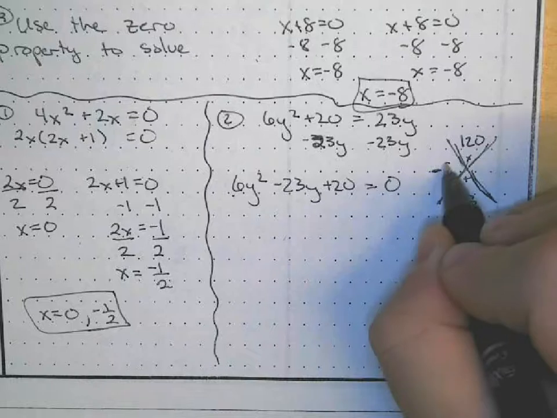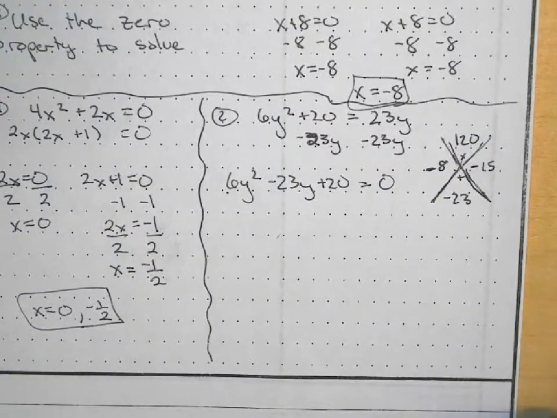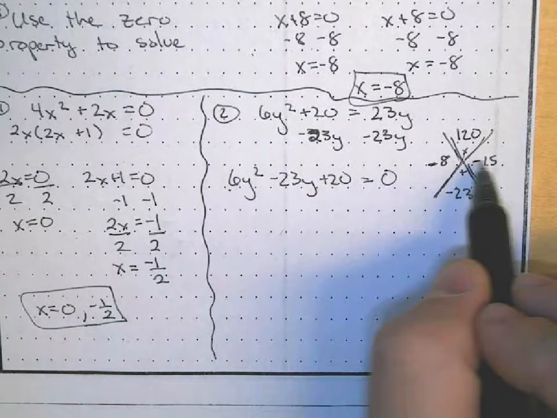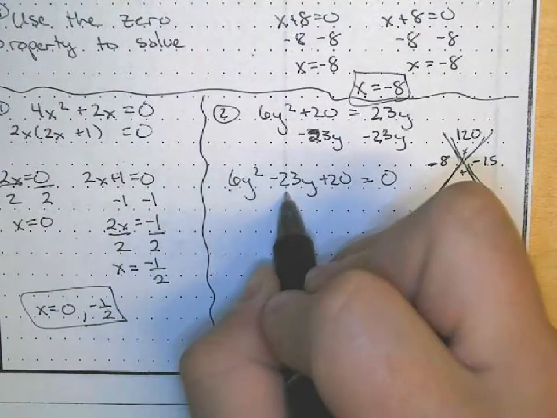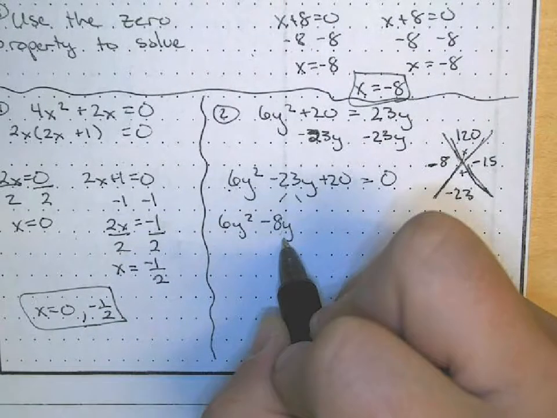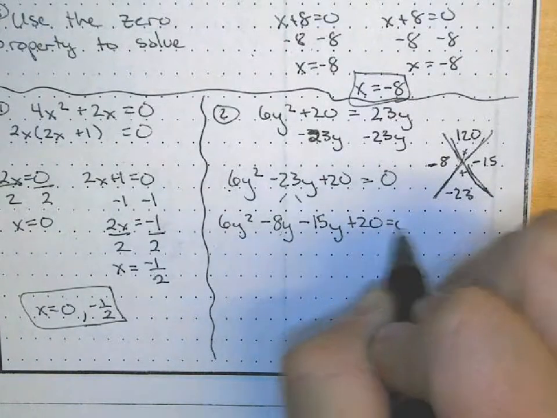So I'm going to use negative 8 and negative 15. 8 times 15 is 120, and negative 8 plus negative 15 is negative 23. So now we'll use these two terms to split our b term. So we have 6y squared minus 8y minus 15y plus 20 equals 0.